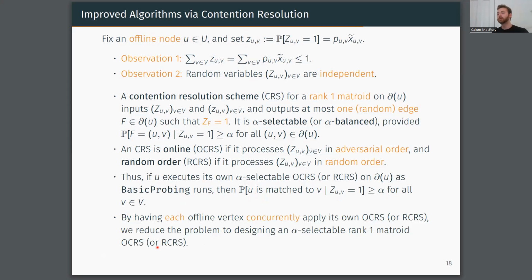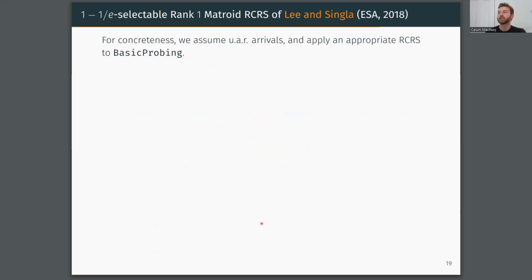So if we have each offline vertex concurrently apply its own OCRS, then we've reduced the problem to designing an alpha selectable rank 1 matroid OCRS or RCRS, depending on the arrival order. And what's nice is that these things are known to exist. For concreteness, we'll show the one that we use in the paper. This is due to Lee and Singla.